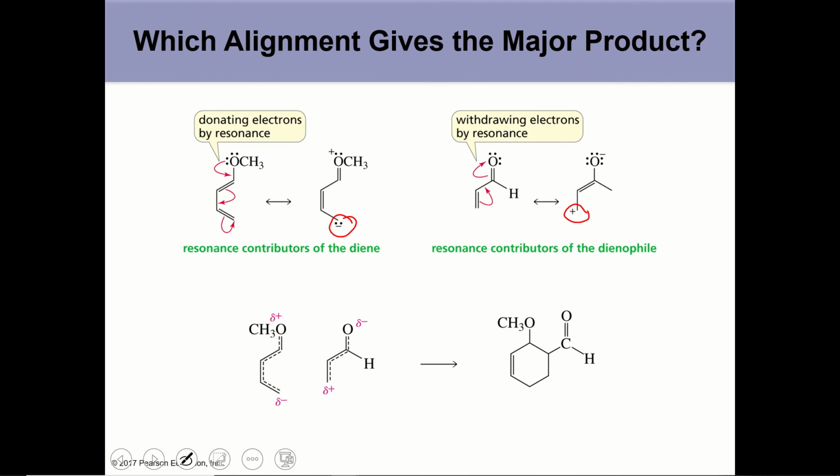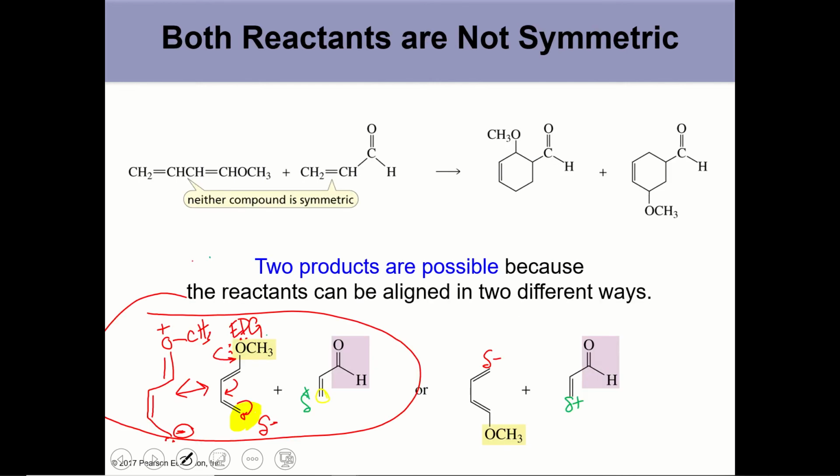And so the actual product that forms is to have the most negative carbon of the diene bond to the most positive carbon of the dienophile. So that when we perform this Diels-Alder reaction, we do not obtain this product, we obtain this product.